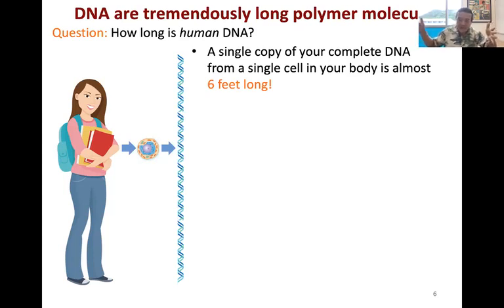That's remarkable because 6 feet long is taller than most of us, and yet you would not be able to see it because it's so tiny. It's just one double helix of DNA from one end to the other. You would not be able to see it with your eye, and yet this thing is 6 feet long.